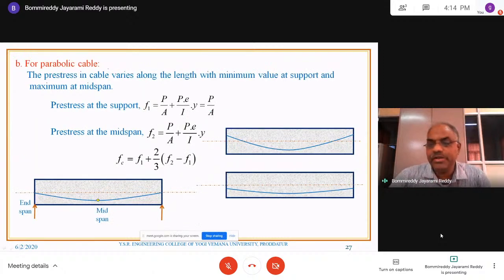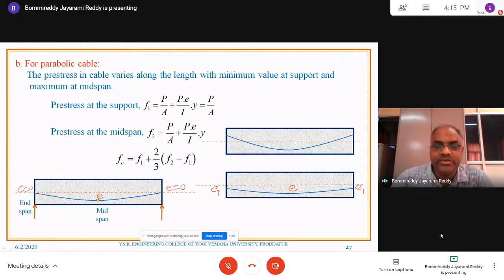Then the parabolic cable can be one of these ways. A parabolic cable can be provided with eccentricity E at the center and zero eccentricity at one end and zero eccentricity at the other end. Sometimes, a parabolic cable can be provided with E at the middle, E1 at one end, and E1 at the other end.